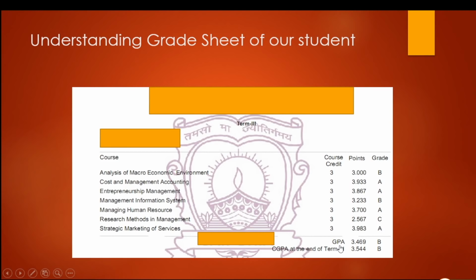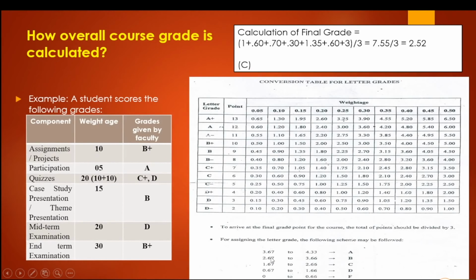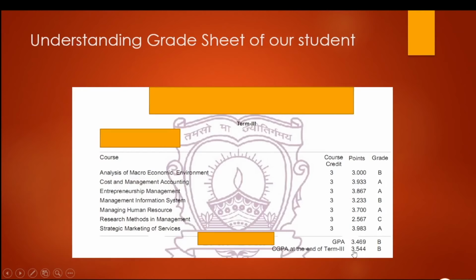Now it is having two more components, grade point average. So this grade point average is the average of these points of the subject, right? And then again, using the table, we go in for giving the final grade. So if it is 3.469, 3.469 follows in this, so he is getting a grade B. This is how it has been given, right?